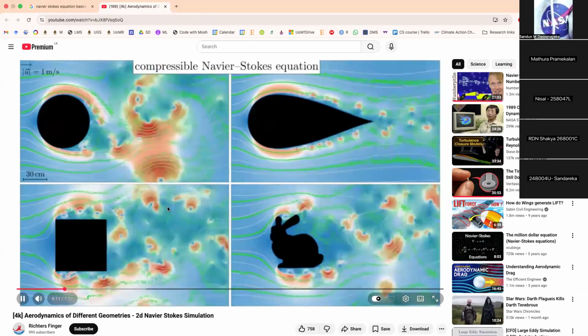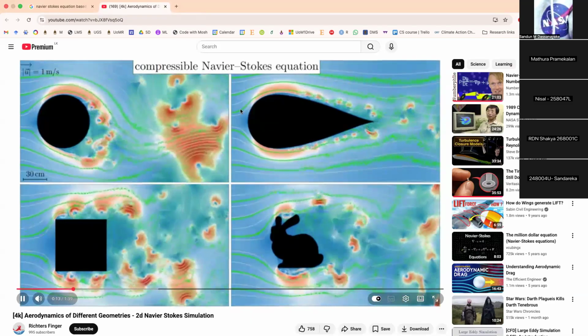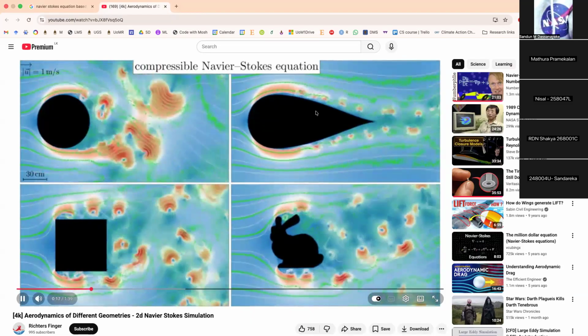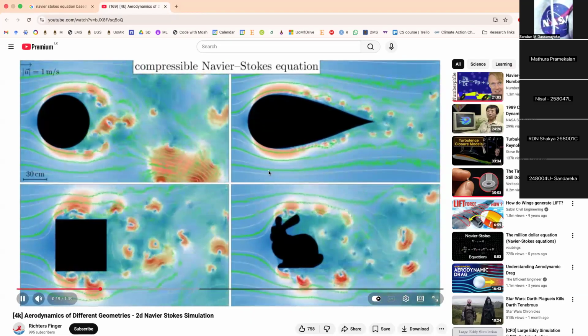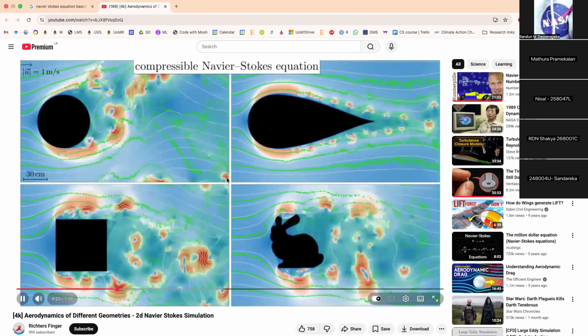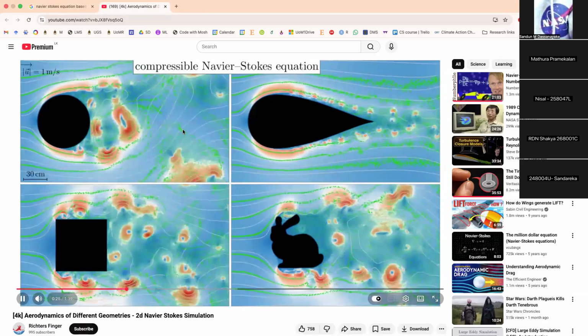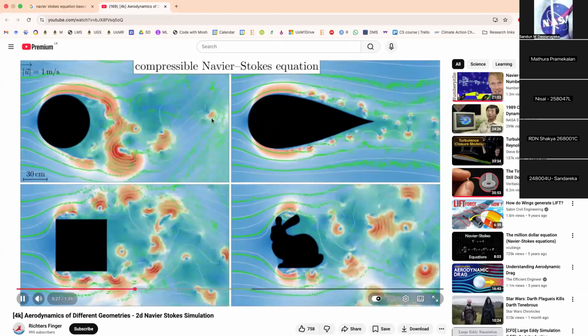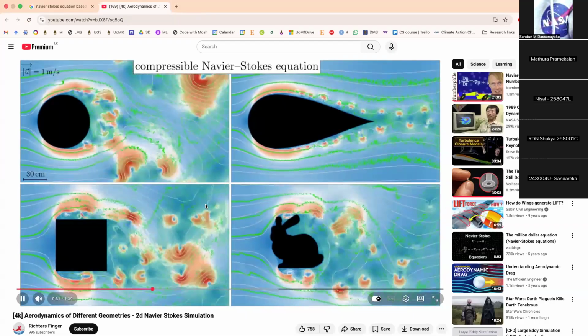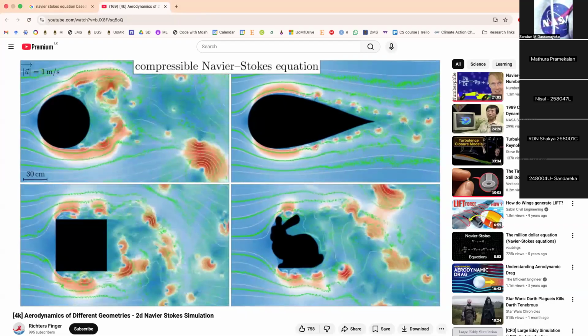What we do is we solve the equation along different points along the x and y axis, and the solutions will give you values like pressure. In the compressible Navier-Stokes equation, you look at the pressure variation, etc. So these are called simulations.